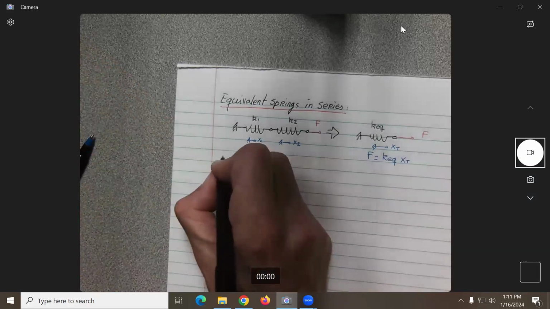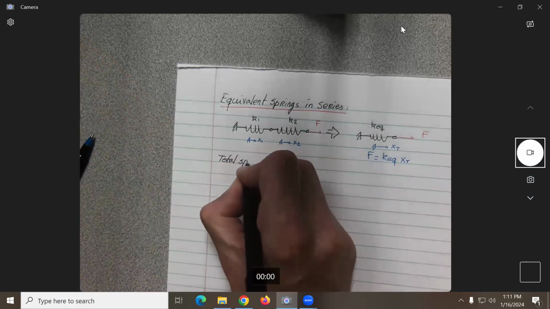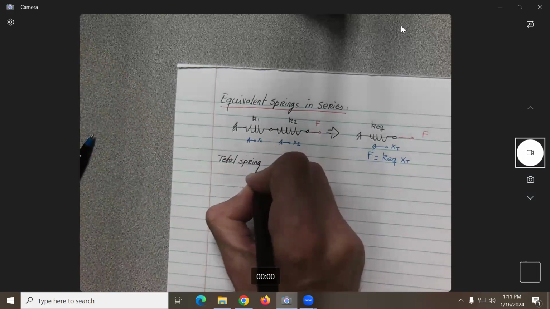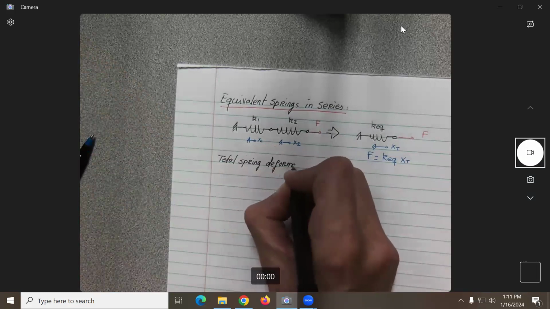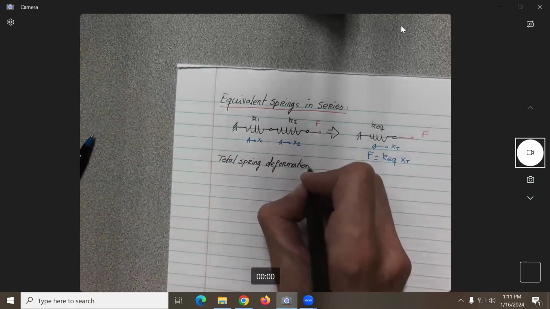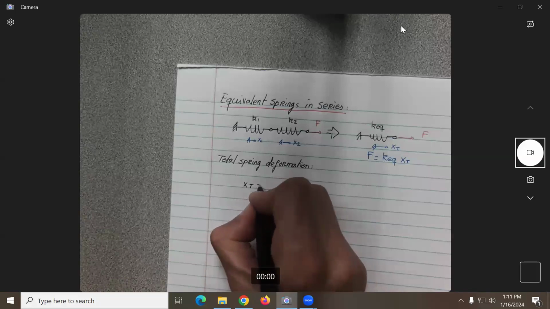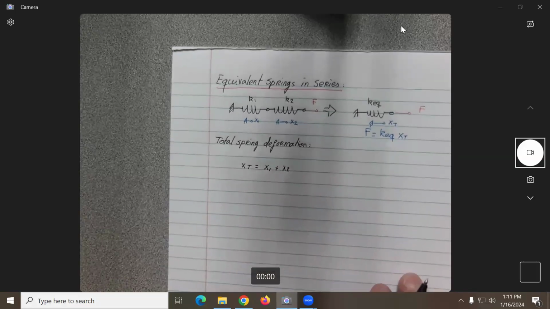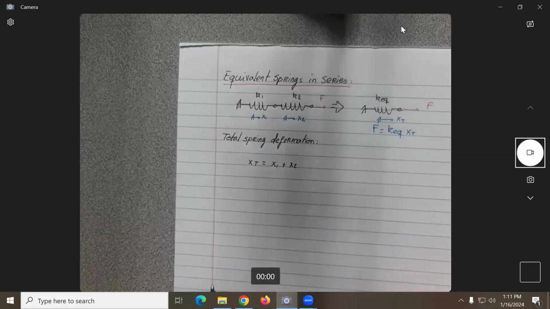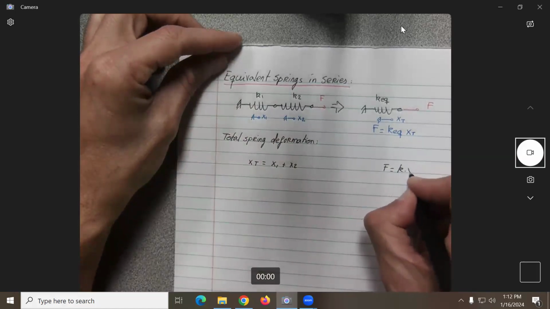Okay, so if we look at the total spring deformation, X total will be equal to what? X1 plus X2. But now, you know that the force by spring is equal to Kx.